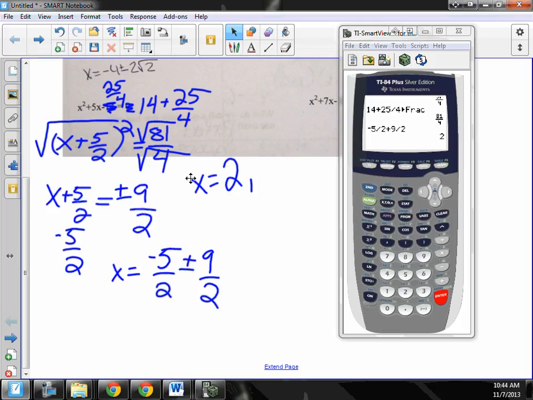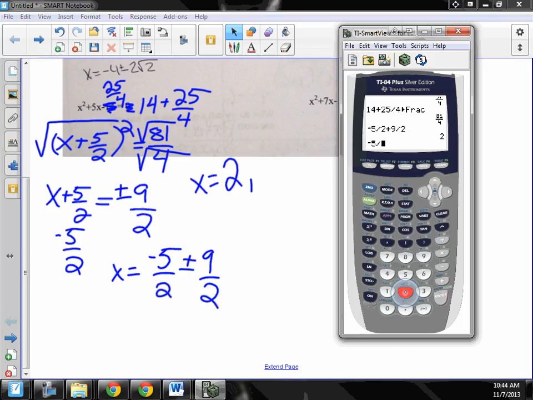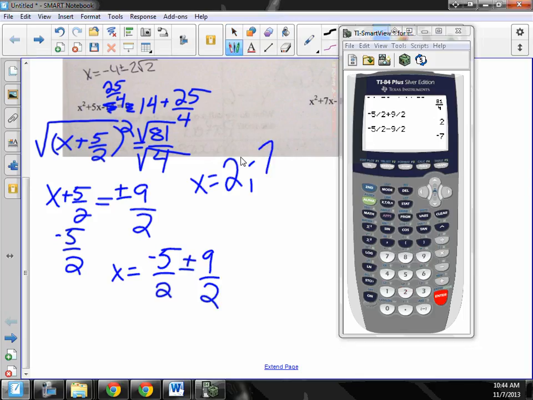How do I find the second answer? So negative 5 over 2 minus 9 over 2, which is negative 7. So this graph crosses the x-axis at 2 and at negative 7.